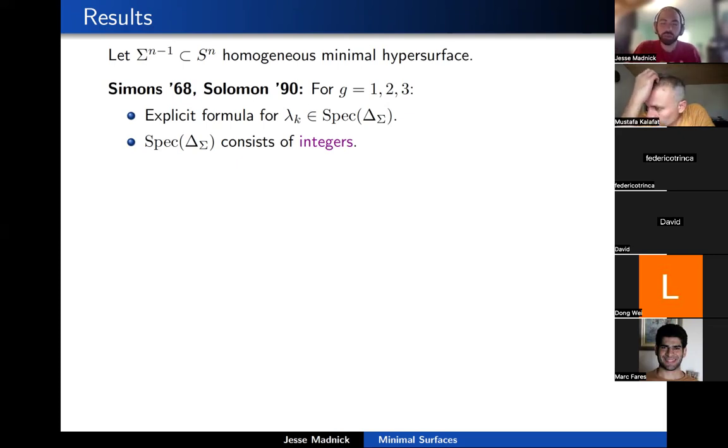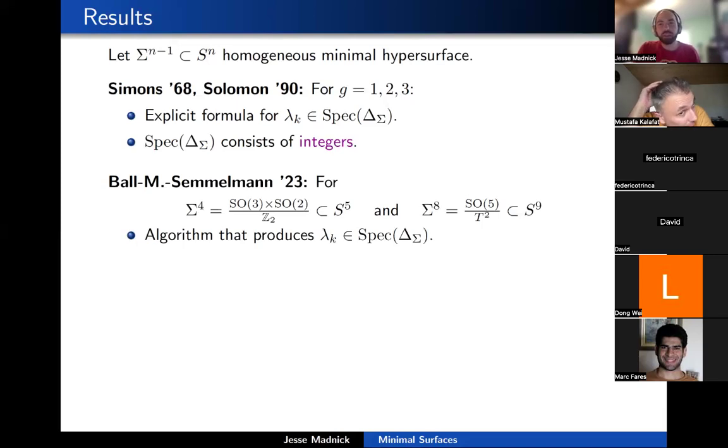There's some polynomial with integer coefficients, and you can just plug numbers into that polynomial and out come the eigenvalues of the Laplacian. There's a formula for them. And because it's this polynomial with integer coefficients, it shows in particular that the spectrum of the Laplacian, when G is 1, 2, or 3, consists of integers.